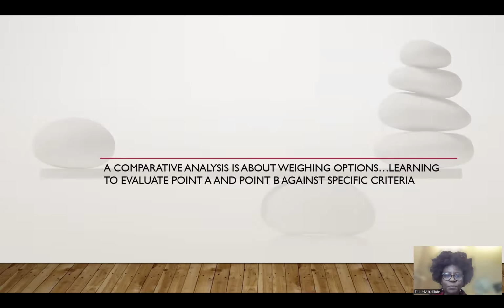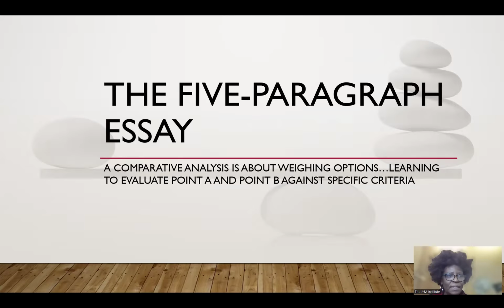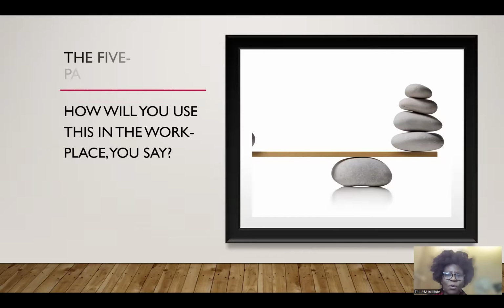So, what I want to say is that the five-paragraph essay actually is a comparative analysis about weighing options. It's learning how to evaluate two points, point A and B, against specific criteria. And so, how, you may ask, will you use this in the workplace?